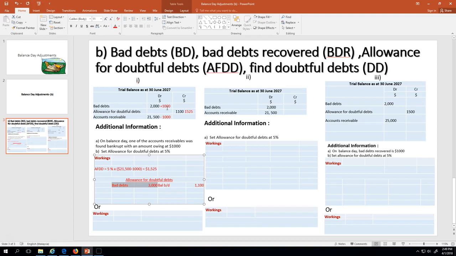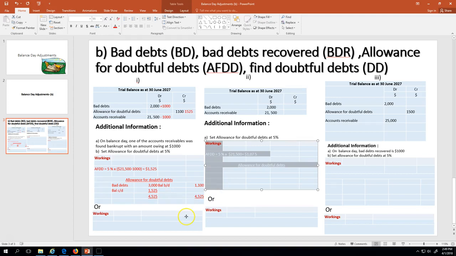So we credit bad debts and we debit our AFDD. Alright. Then the next information is we record our balance CD 1,525. And then we balance this particular account.